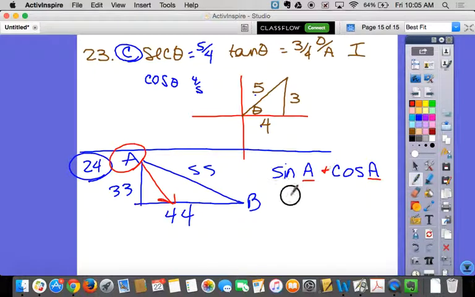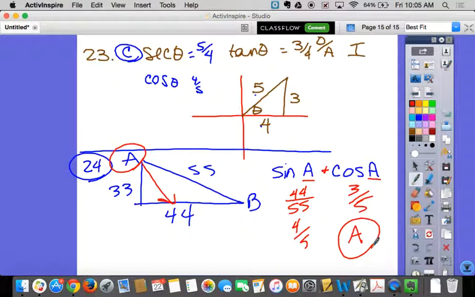That would be 44 over 55. Obviously that's 4 over 5 when you take the 11 out. So cosine is going to be basically 3 over 5. So when you find those, sine 4 over 5, that's A. Okay. See if we can work one more.